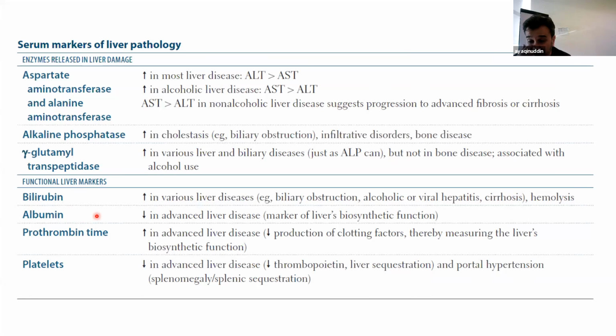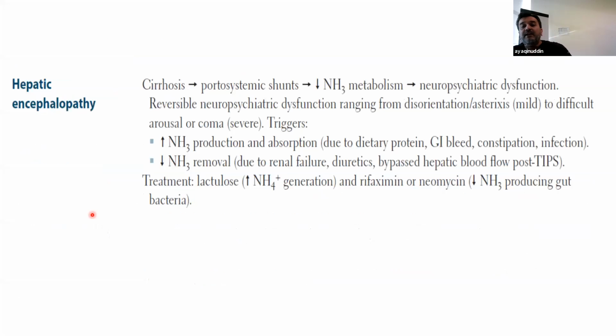In advanced liver disease, platelet levels also go down because there is decreased thrombopoietin and also destruction of the platelets in the liver as well as in the spleen. Hepatic encephalopathy, we have already talked about.